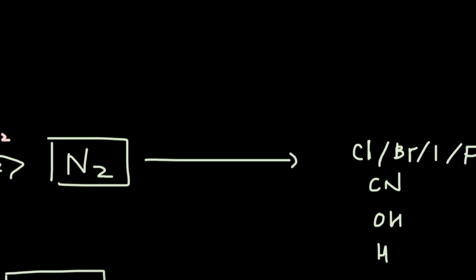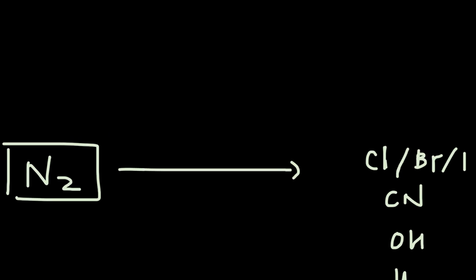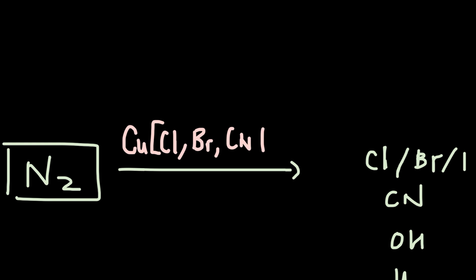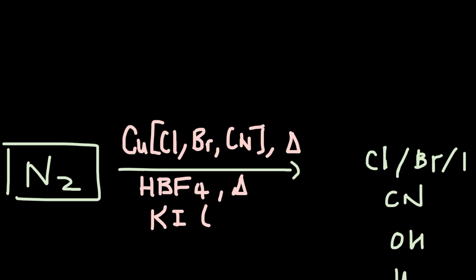So the reagents for this, the first one is copper, and this can be copper chloride, copper bromide, or copper cyanide in heat. As for iodines, actually, let's do fluorides. Fluorides are HBF4, also in heat, but for iodides, it is KI, but at room temperature.